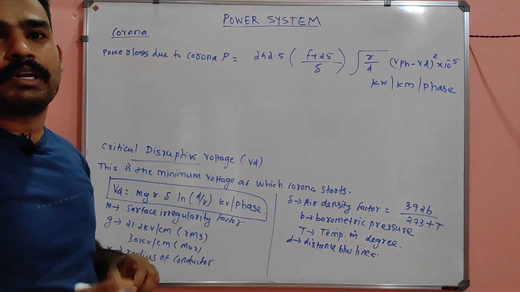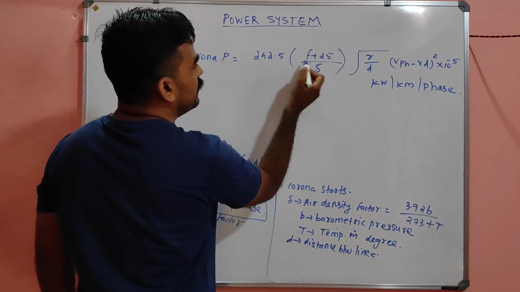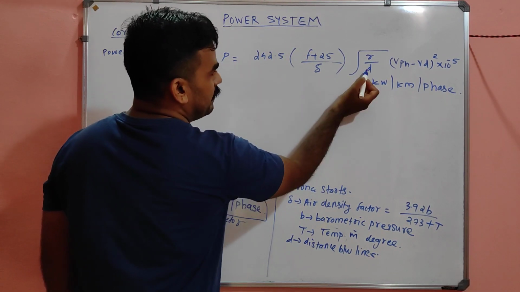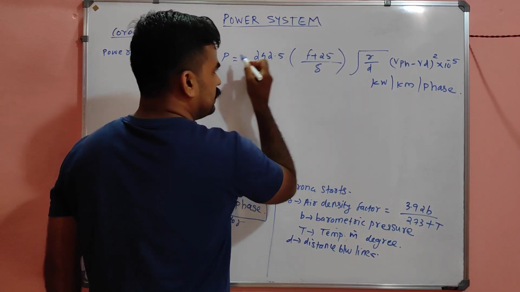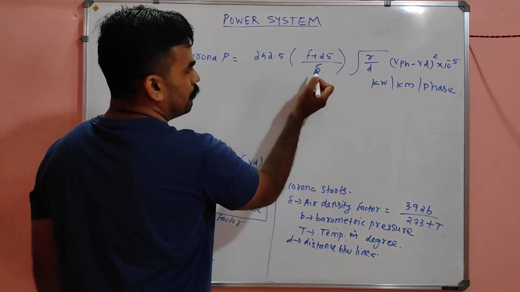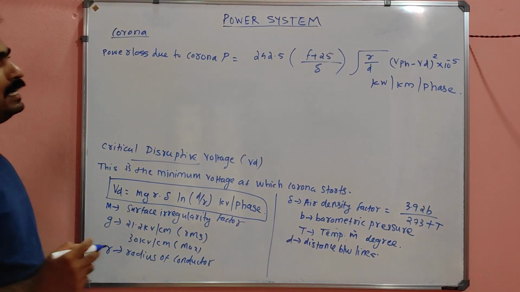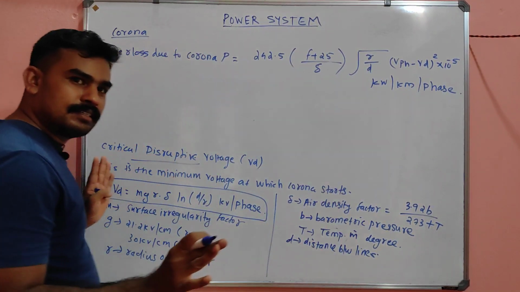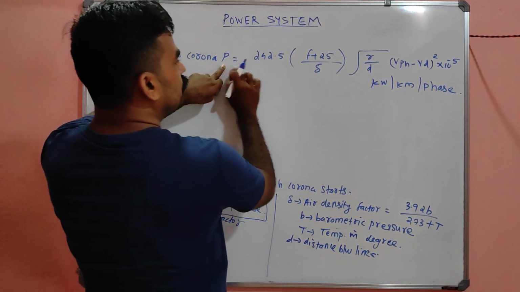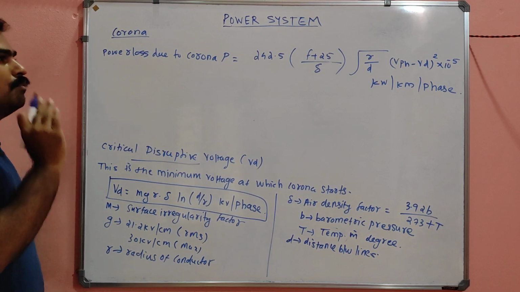No one will ask you this equation, but power loss is directly proportional to frequency, inversely proportional to root of D, directly proportional to R, and inversely proportional to delta. Problems on this will not be asked, but the relationship with respect to every term will definitely be asked.